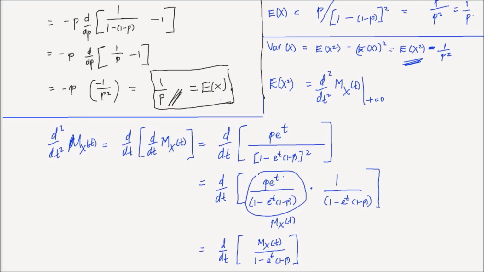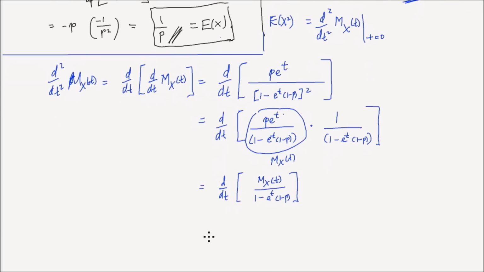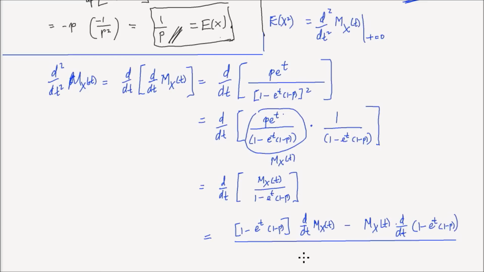I can now go ahead and use the quotient rule, which gives me 1 minus e to the t times 1 minus p times the derivative with respect to t of the MGF, minus the MGF, mx of t, times the derivative with respect to t of 1 minus e to the t times 1 minus p, divided by the square of 1 minus e to the t times 1 minus p.